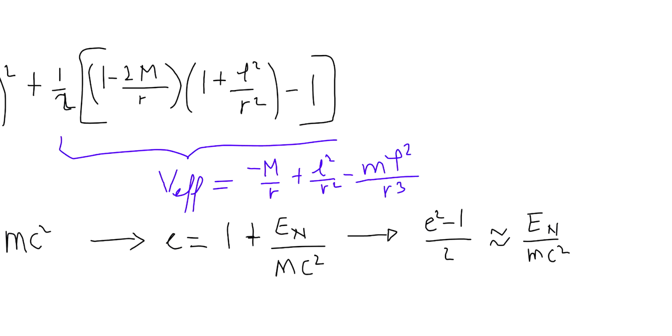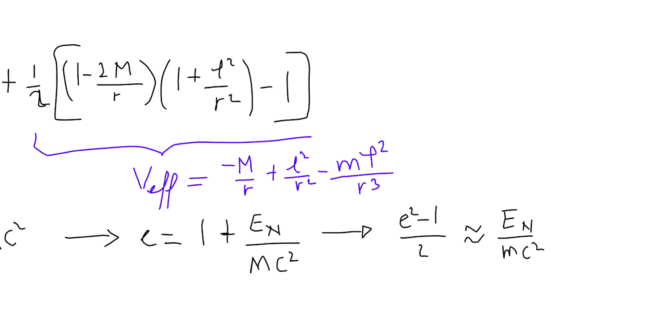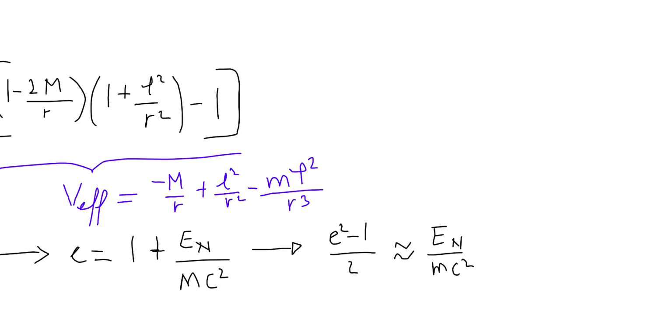Okay. And if I want to go back from here, I'm in geometrized units, but if I want to go back to SI units, then the big M becomes M G over c squared; I should multiply by G and divide by c squared.